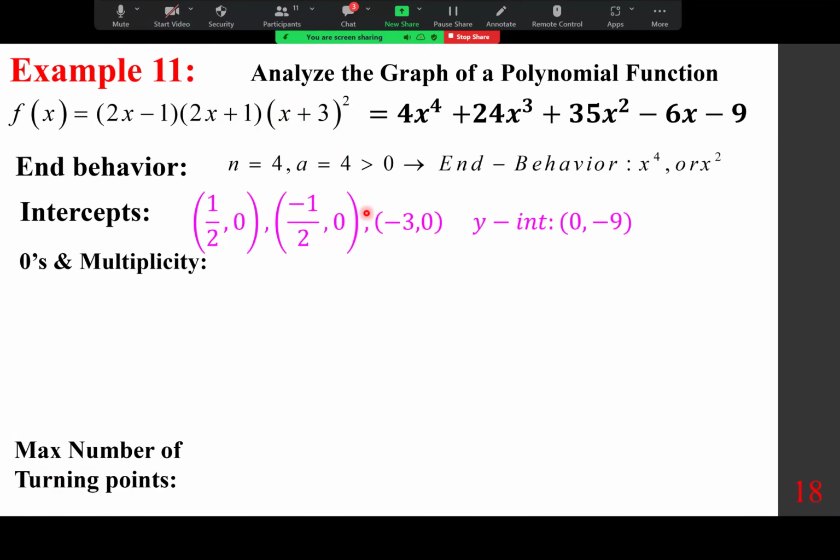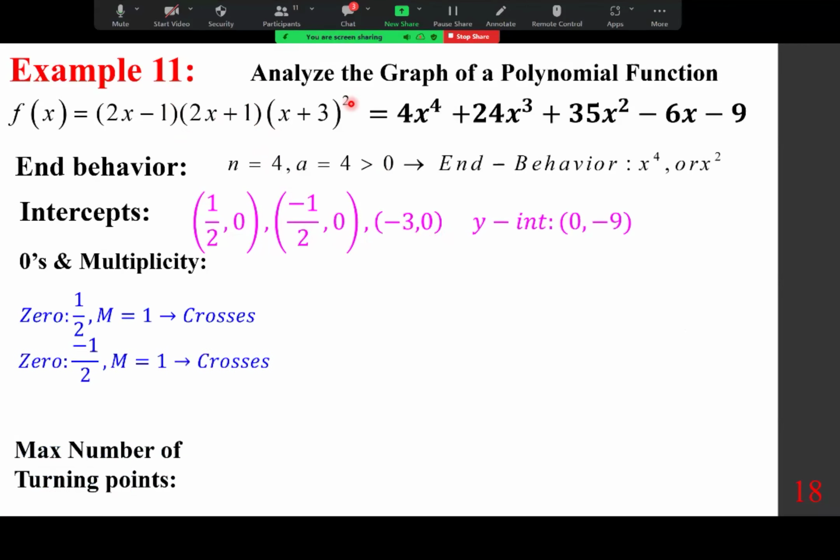Now, what about the multiplicity of these zeros? Exponent 1, multiplicity 1, crosses the x-axis. Same thing here. No exponent, that means multiplicity 1, it crosses the x-axis. The last one, minus 3, 0, multiplicity is 2, doesn't cross the x-axis.